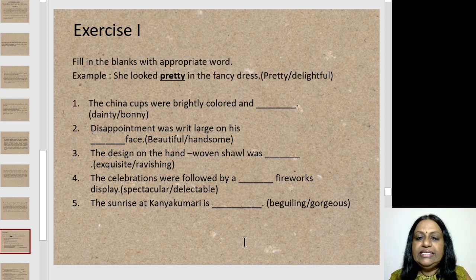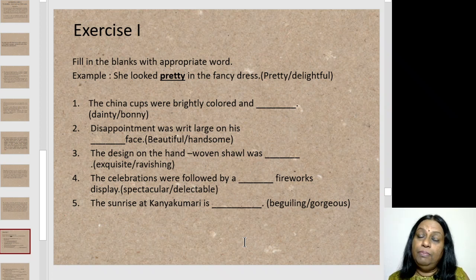3. The design on the hand woven shawl was dash. We have the synonyms exquisite and ravishing. The appropriate word to use here would be exquisite, beautiful, delicate. The design on the hand woven shawl was exquisite, very delicate and beautiful.